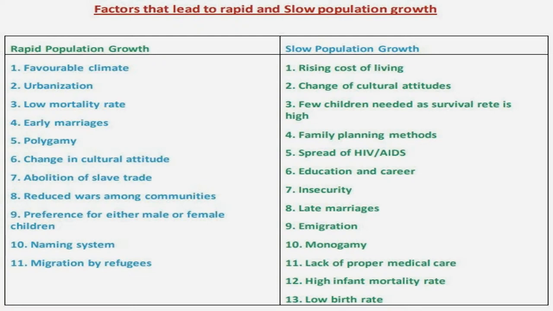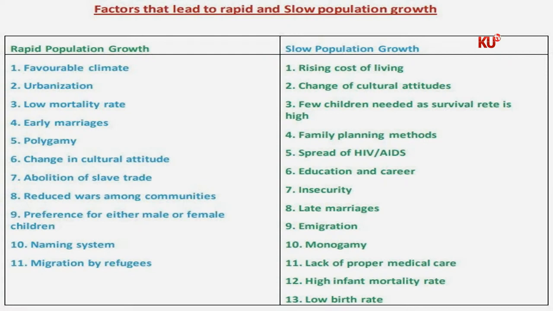As you can see on our screen, we have, on rapid population growth, favorable climate. People will always move to areas with a favorable climate, leading to rapid population growth. And on the other side, we have the rising cost of living.